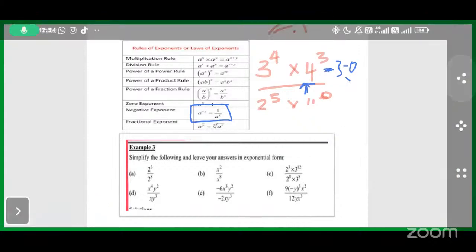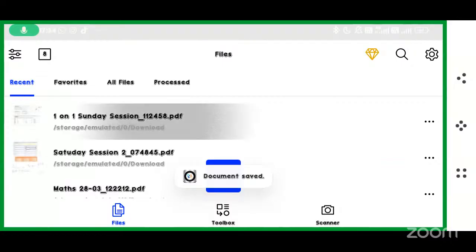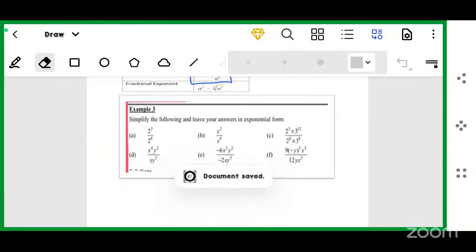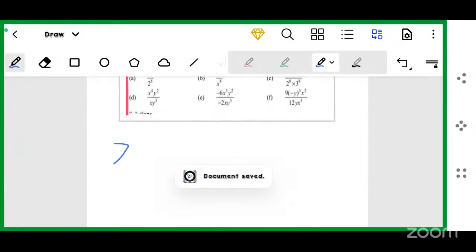Let me remove it and open it again. Perfect, it's back. So we have x to the power of 4, y to the power of 2, divided by x, y to the power of 3.